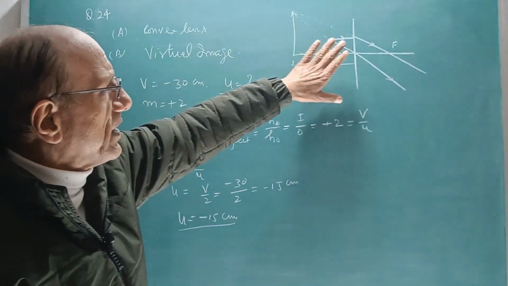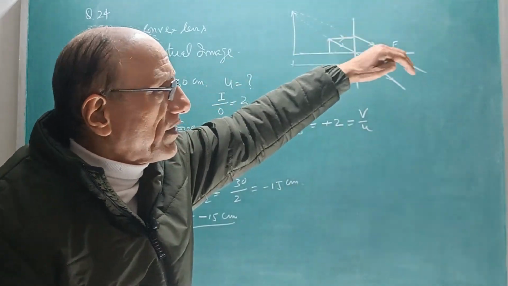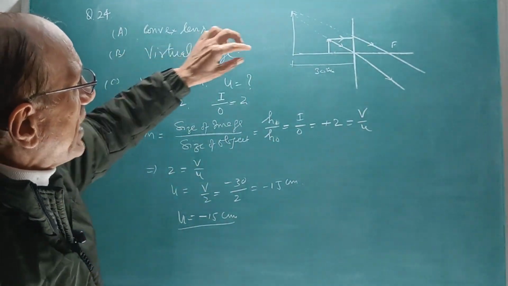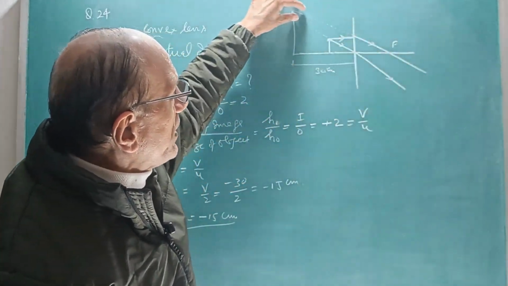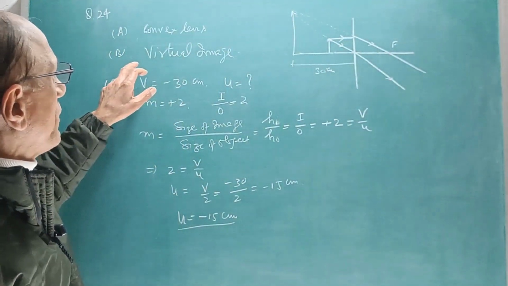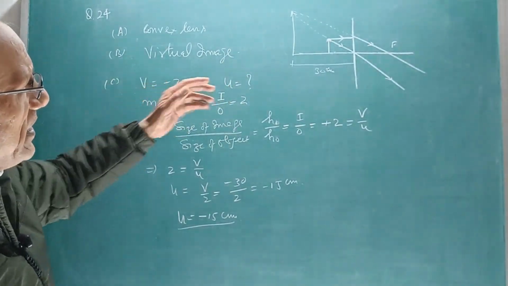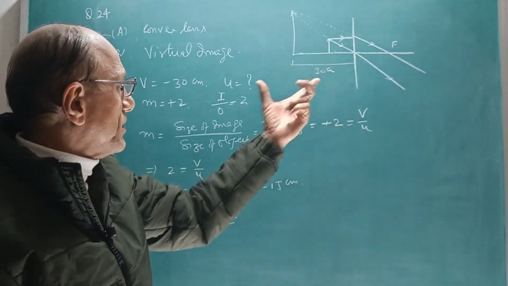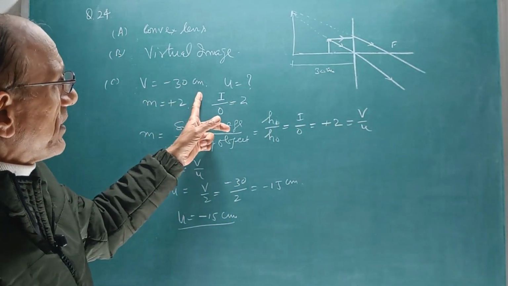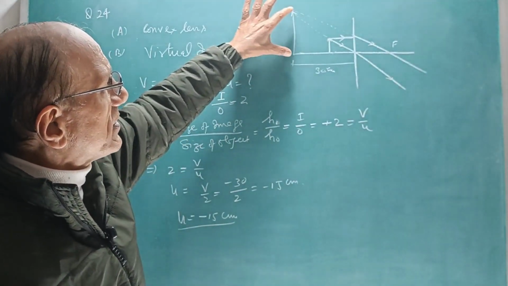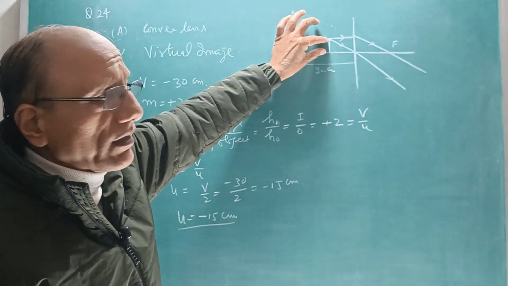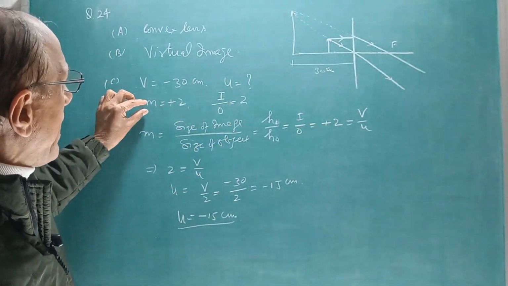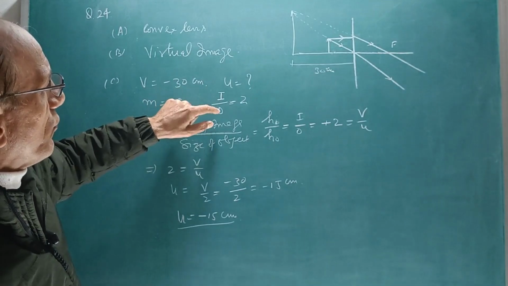A is very clear, it is convex because the ray is converging. B is, as the rays are not actually meeting, but they are appearing to meet, so it is the virtual image. And C, the image is formed at a distance of 30 centimeter from the lens, that means V equals minus 30 centimeter, and it is given that the size of the image is double the size of the object. So this M is positive 2, that is I upon O is equal to plus 2.